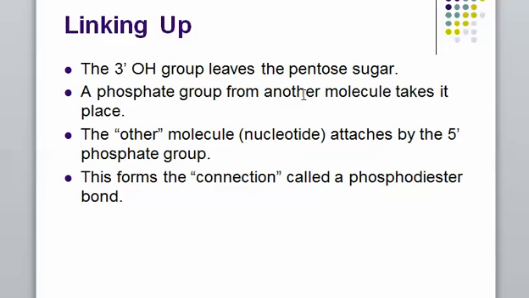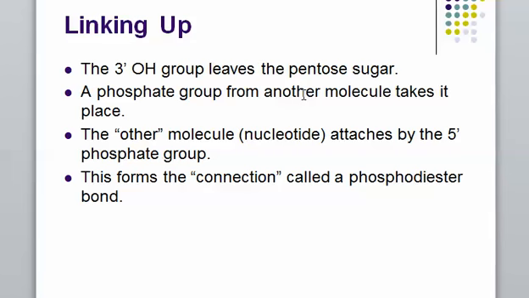So at the 3', the OH group is going to leave. So the OH group is going to get removed, and the phosphate on another nucleotide takes that position. So that phosphate group is actually attached to the 5' carbon of the nucleotide.